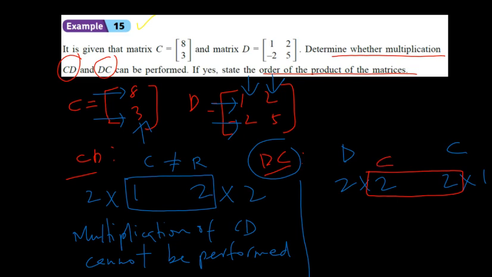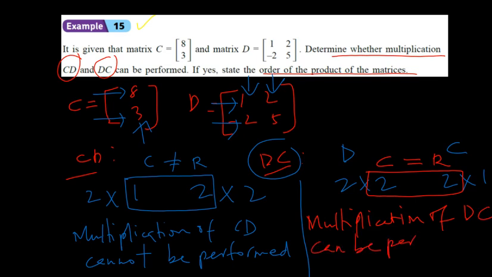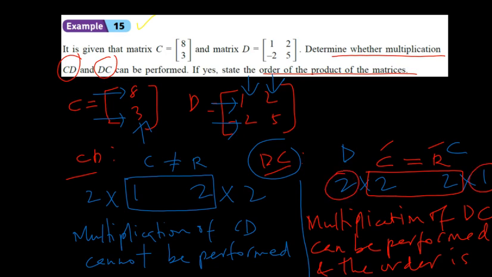The column of matrix D is the same as the row of matrix C. That means the multiplication of matrix DC can be performed, because, what I've said just now, the column of matrix D is the same as the row of matrix C, and the order is 2 by 1. So that's the answer.